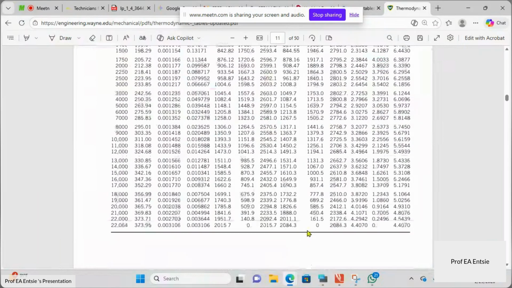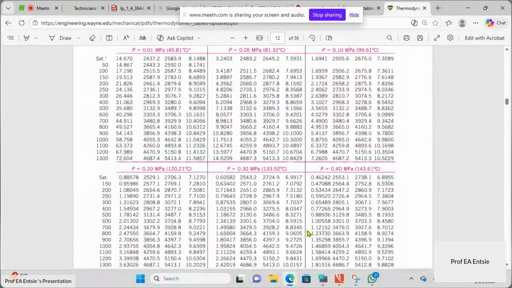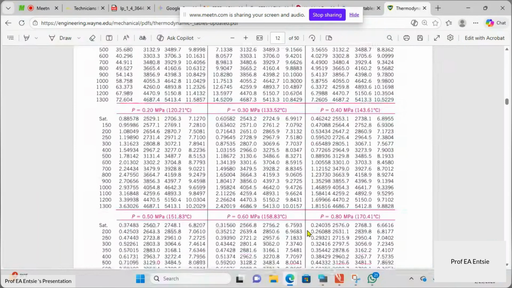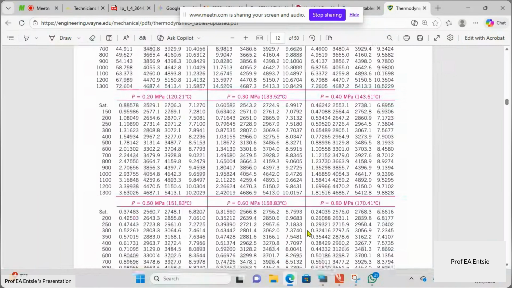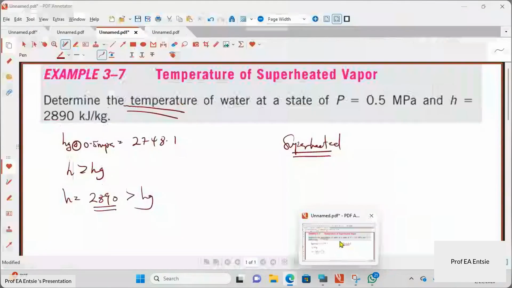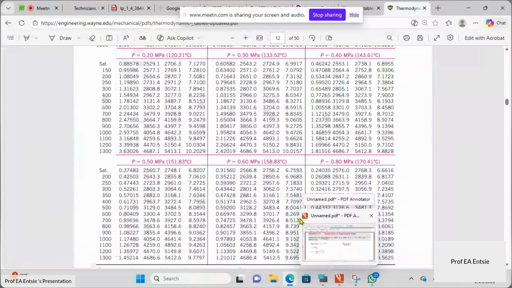So you come to superheated with the pressure they gave us, 0.5. So with 0.5 pressure, then they gave us the enthalpy. So you use the two properties, 0.5 and the enthalpy, which is 2890. So you can see that at the enthalpy region, which is H, let me show you the H.